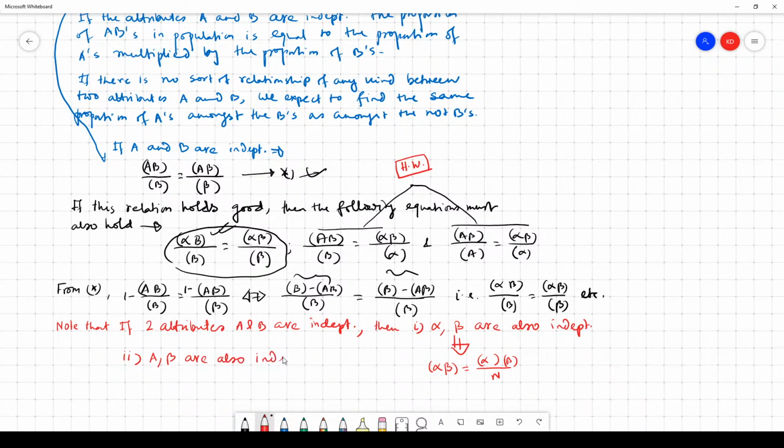That is, we need to show that (αβ) = (α)(β)/N. And secondly, A and β are also independent. That is, we need to show (Aβ) = (A)(β)/N. So now, proof of 1.